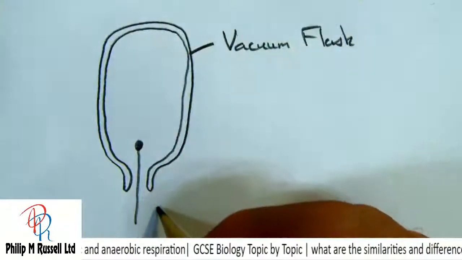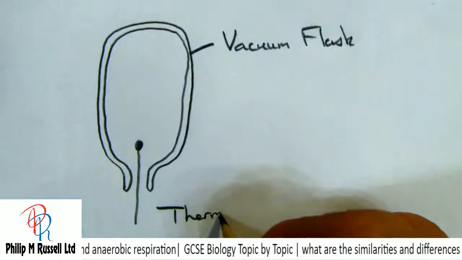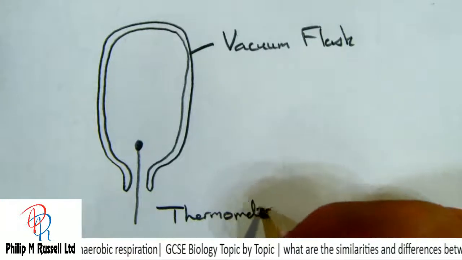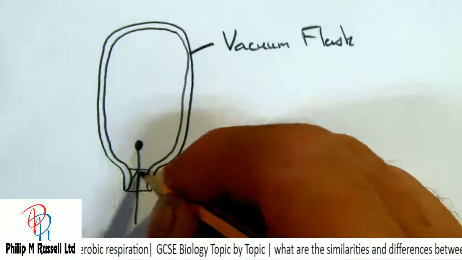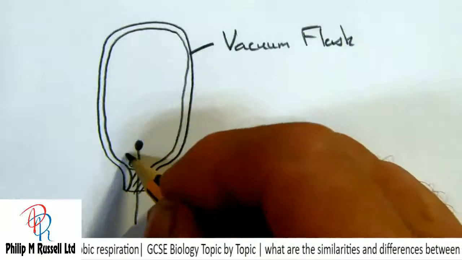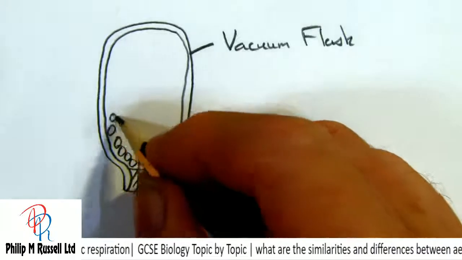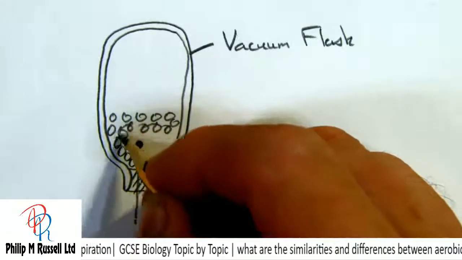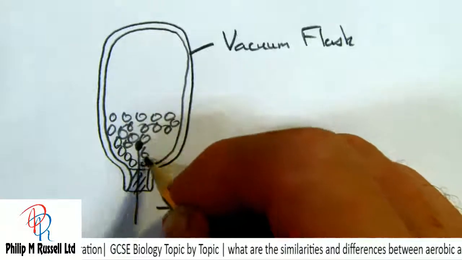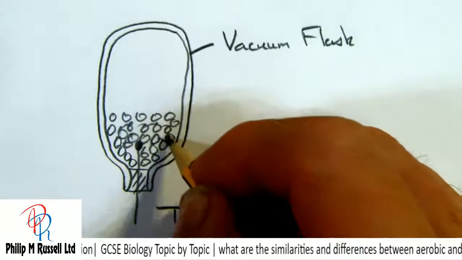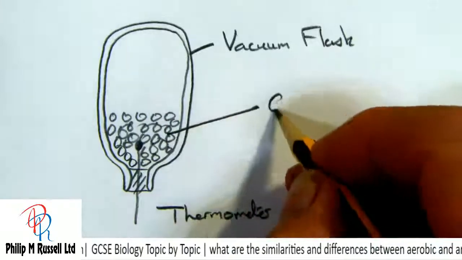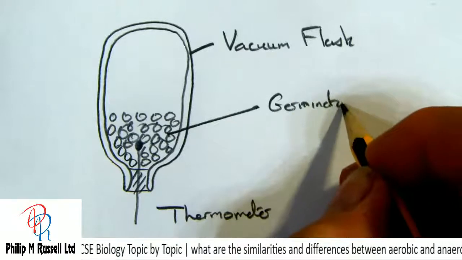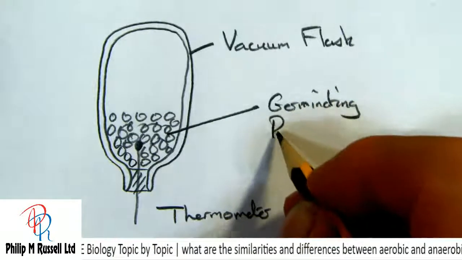We'll put in here a thermometer, seal it, and then we'll surround this here with germinating something like peas.